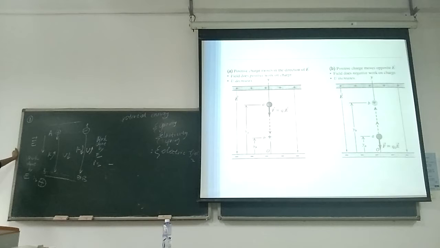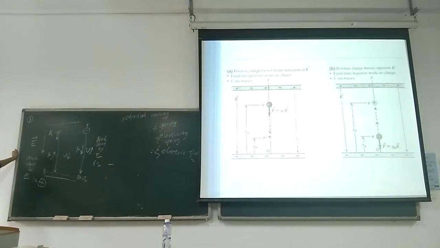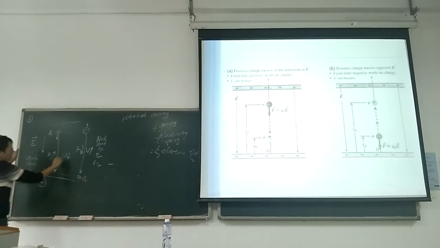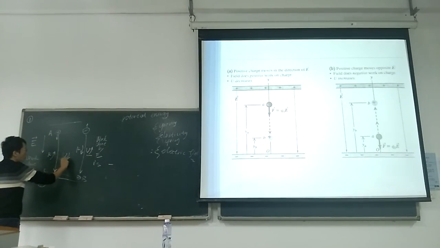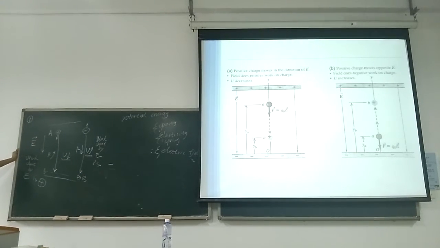So when we calculate or name the potential energy of a point, we have to know whether it is a positive charge or a negative charge, because for the same displacement, the change in the potential energy is different when the charge is different.